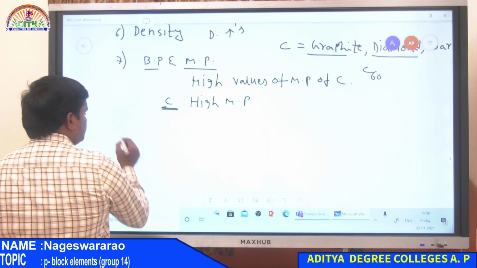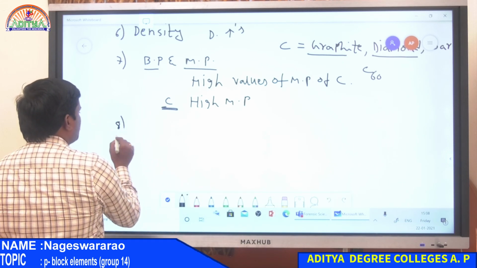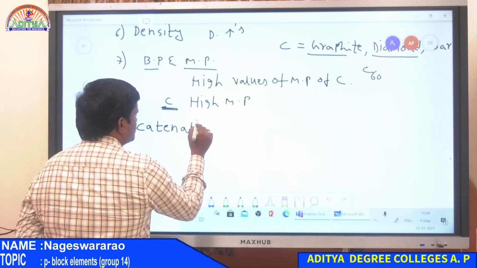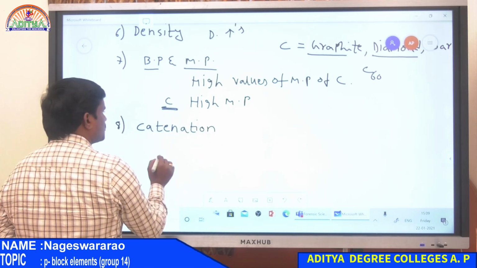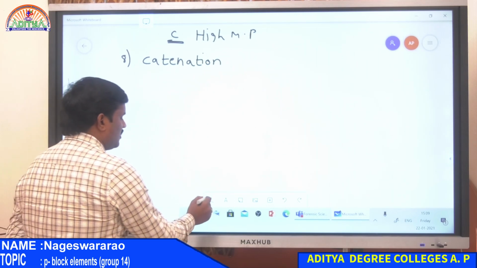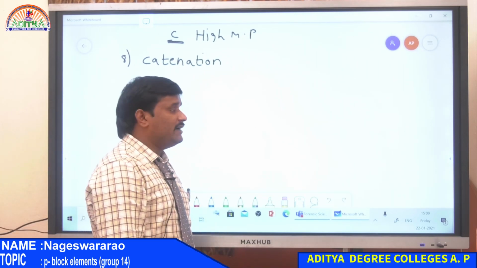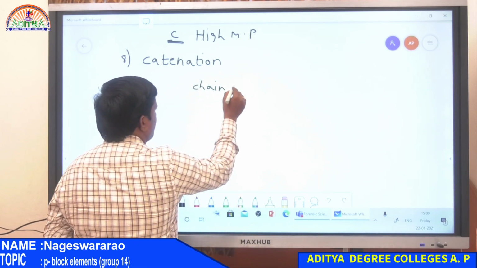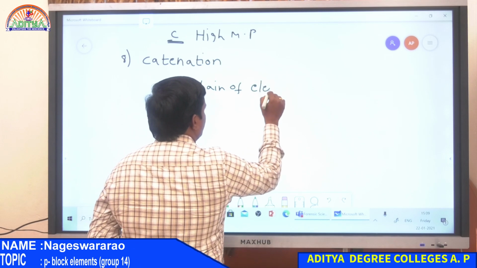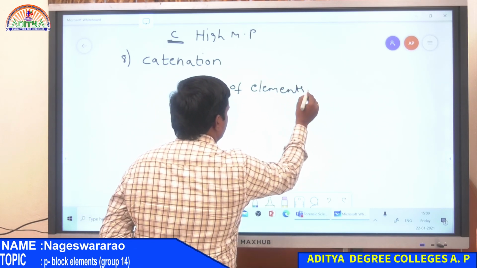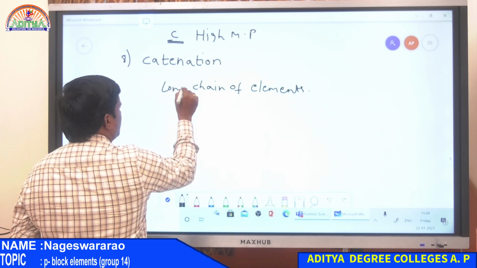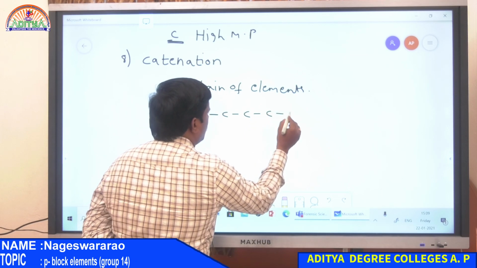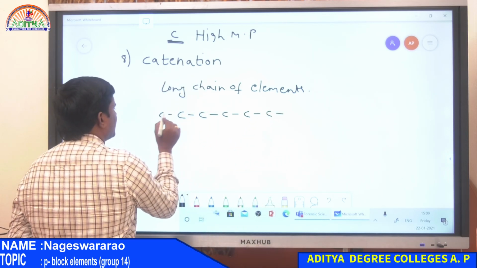And the next important property is catenation. So what is catenation? Catenation is the tendency of an element to form a chain of the same elements. A long chain: carbon has so many bonds which are interconnected with each other.